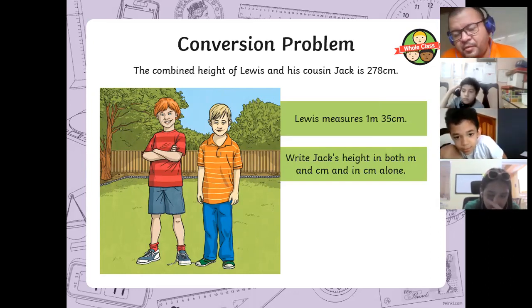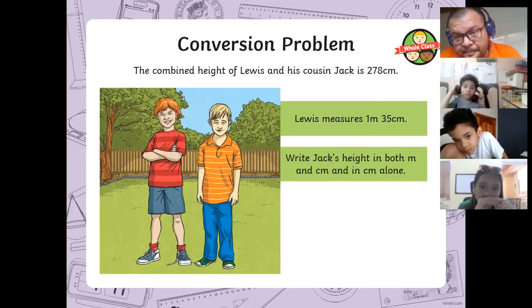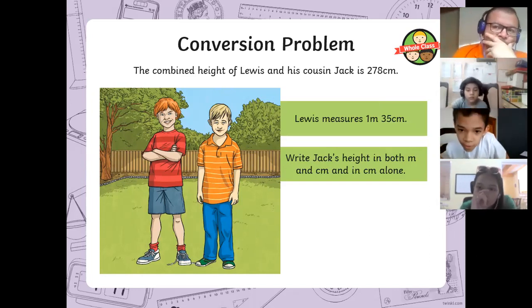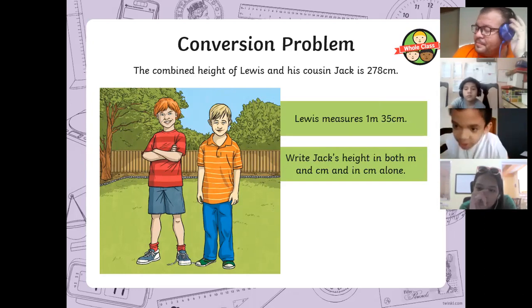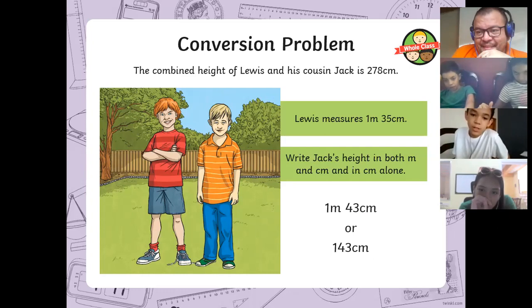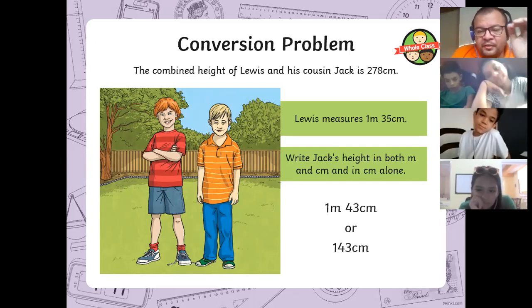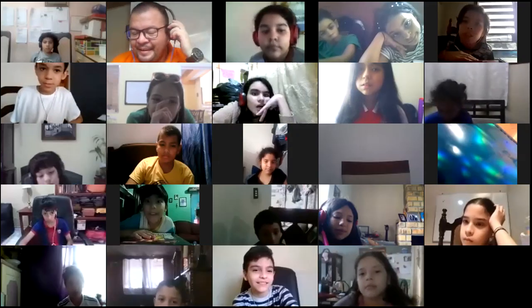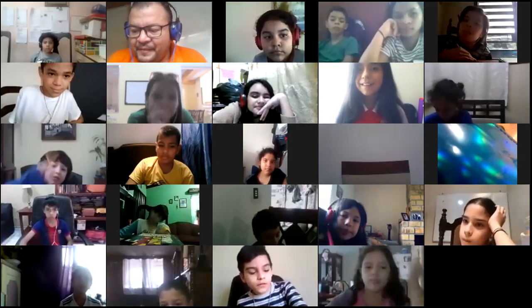What is the height of Jack? 1 meter 43 centimeters. Very good. 143 centimeters. Very good, people.